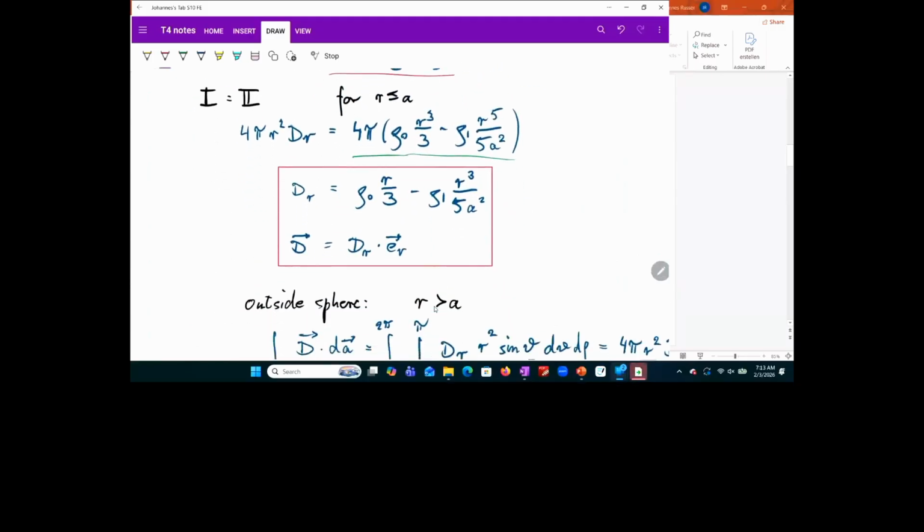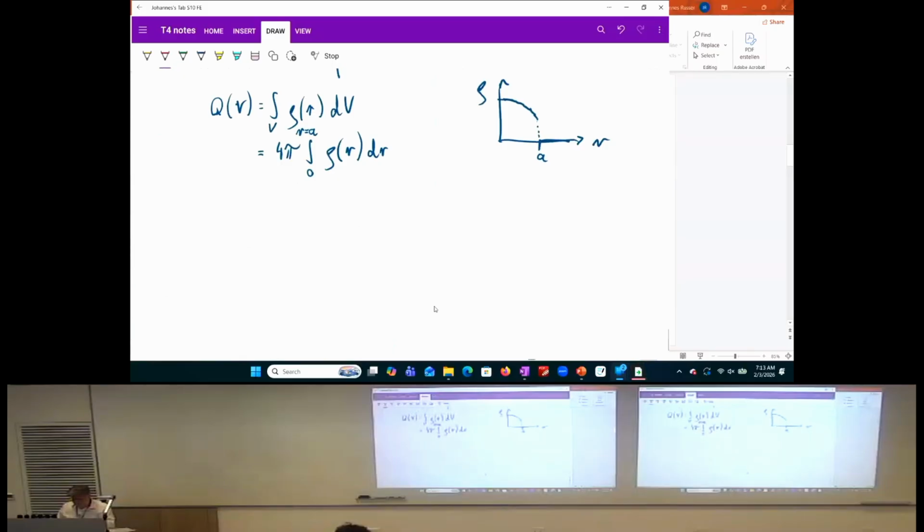So now outside the sphere, we also equate, for R larger than A. And there we have again the electric flux integrated over an arbitrary sphere because it is radial, 4 pi R square times D_r. But the total charge now is 4 pi A to the power of 3.